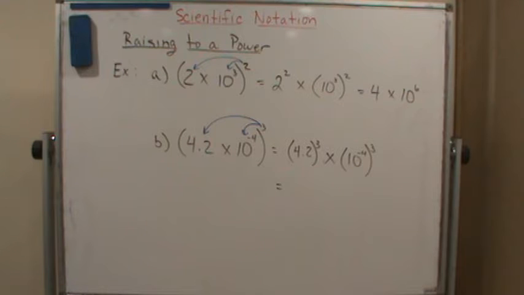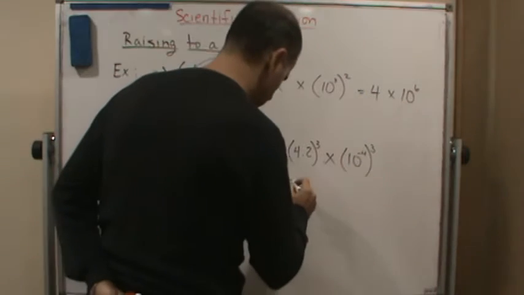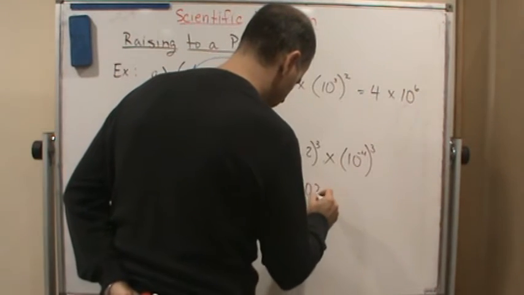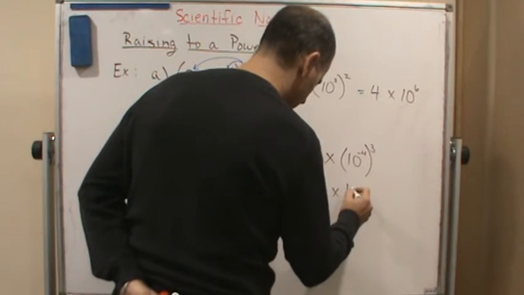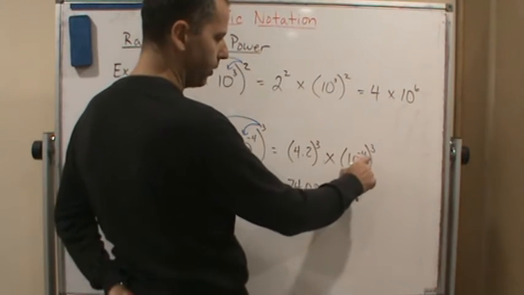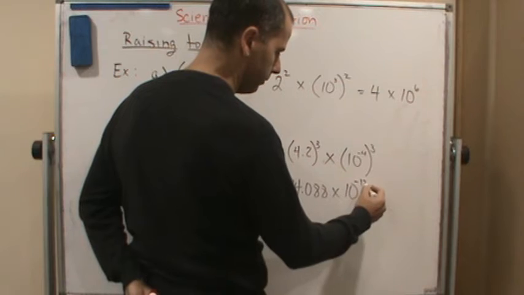Because 16 times 4 is 64. So what do we get? Hold on, let me see. So you get 74.088 times 10. Now here I get negative 4 times 3, which is negative 12.